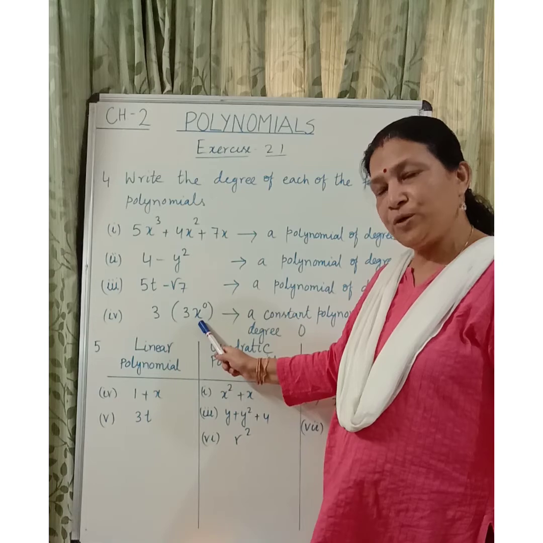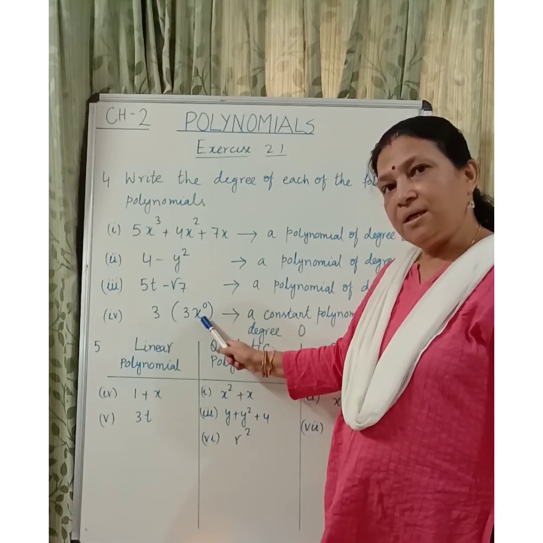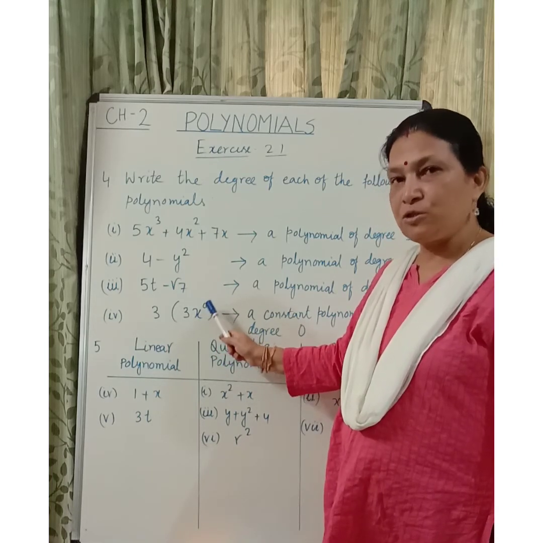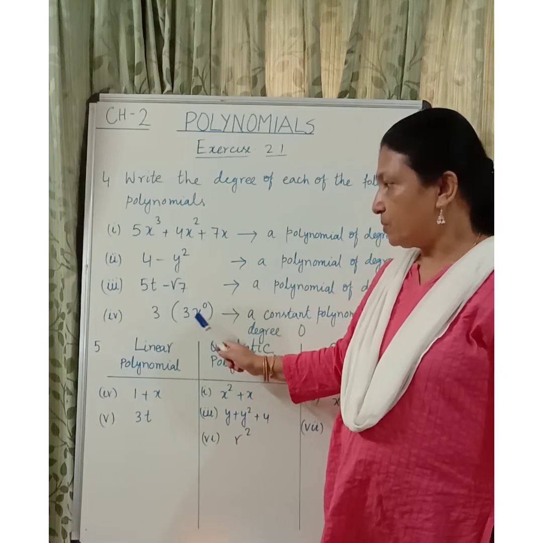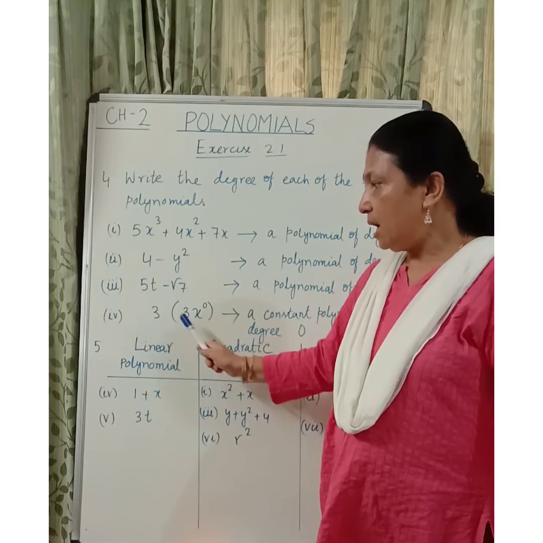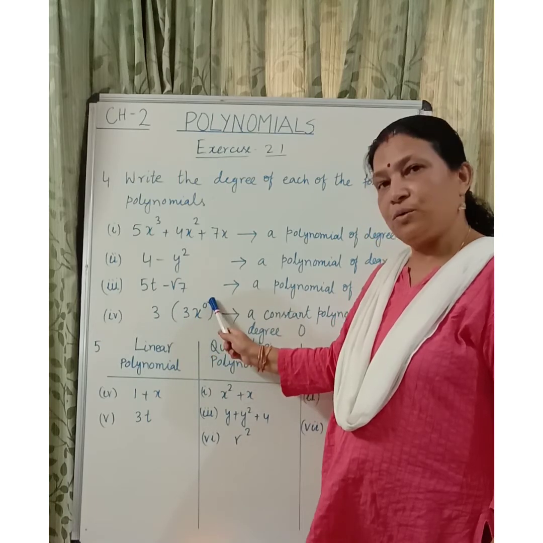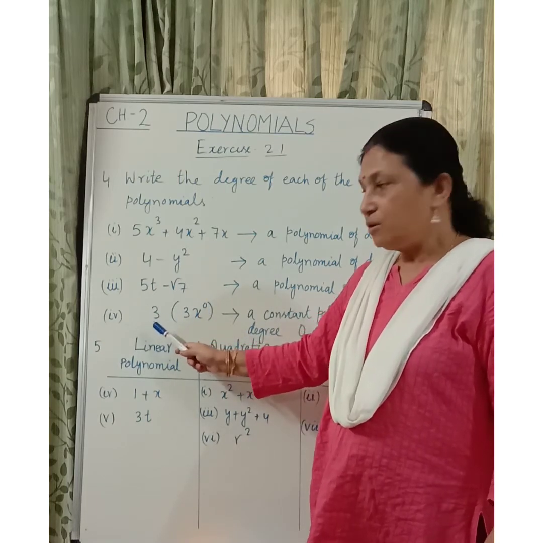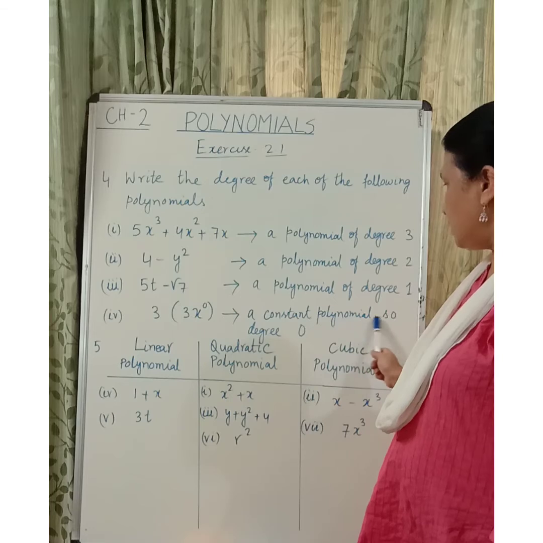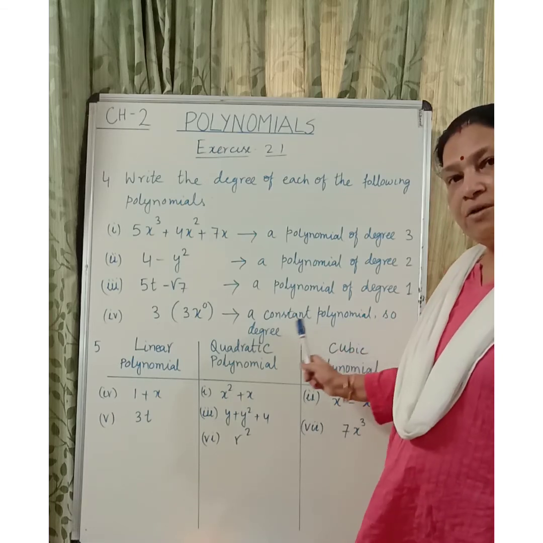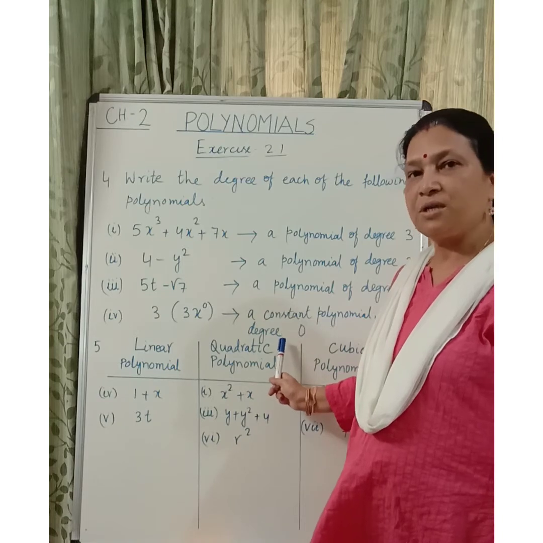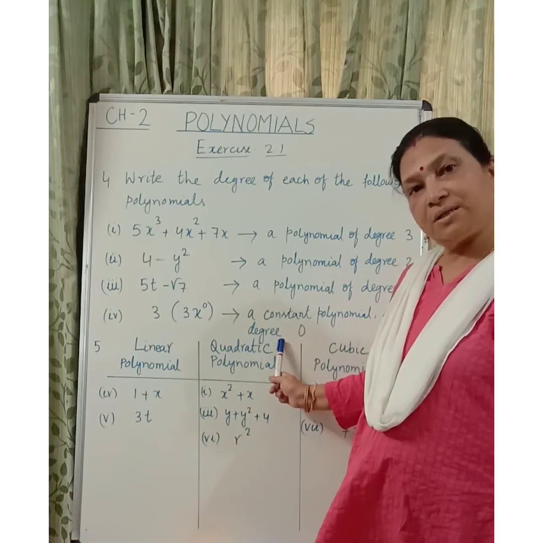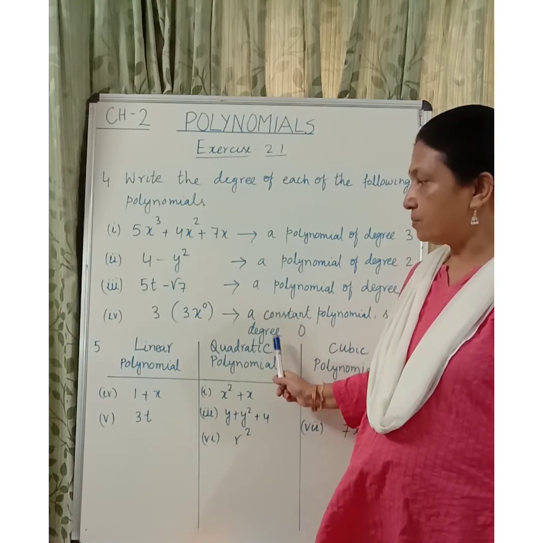The laws of exponent says x to the power 0 is equals to 1 when x is not equals to 0. So we can write 3 as 3 into x to the power 0, which becomes 3. Since it is a constant polynomial, so degree of this polynomial is 0. Degree of any constant polynomial other than 0 is 0.